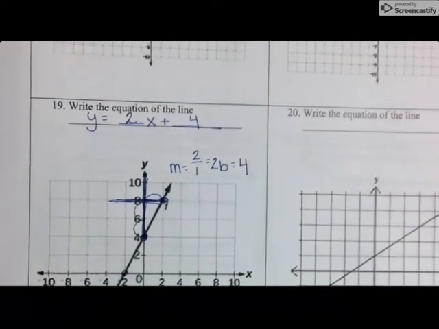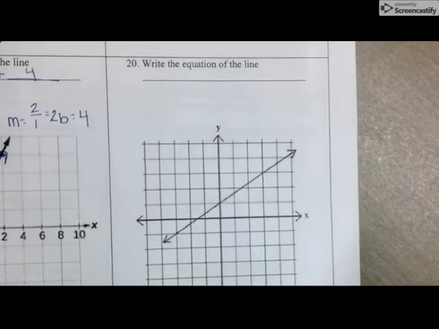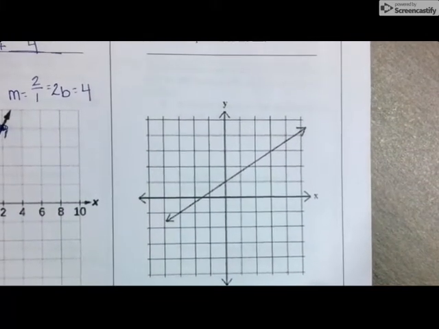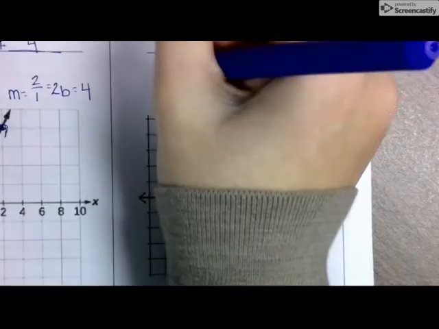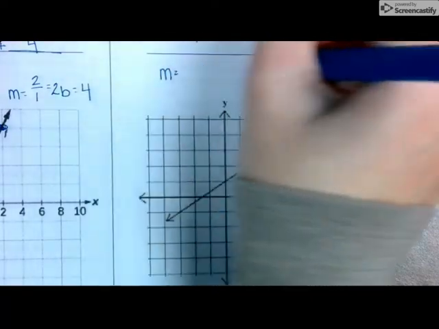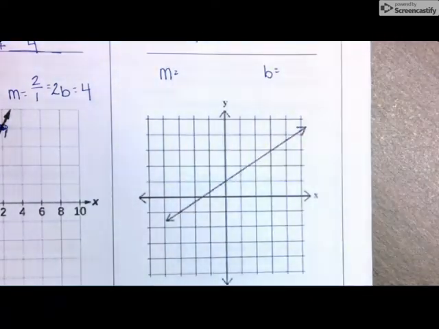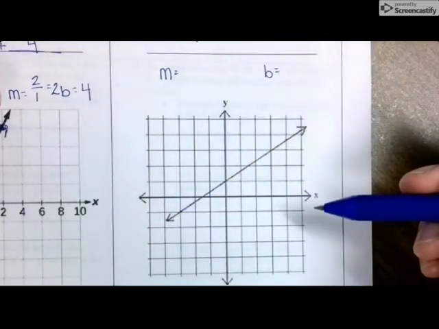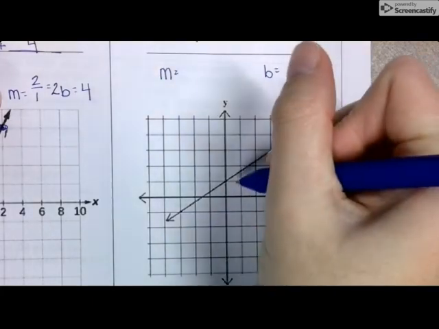Okay? Last one, dealing with these. First, I think I can put both on. Sweet. My m and my b. These don't have numbers on them, but we can figure it out. Let's just say they go by ones, to make our life easier.